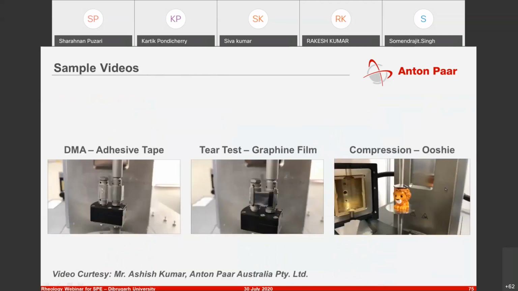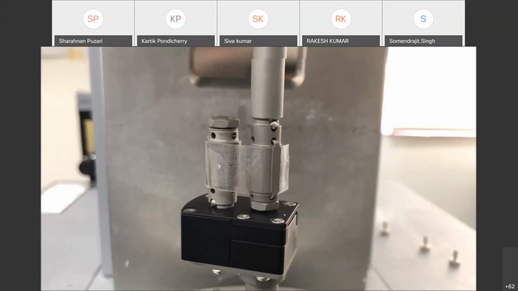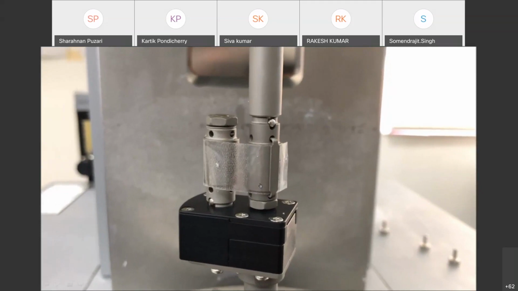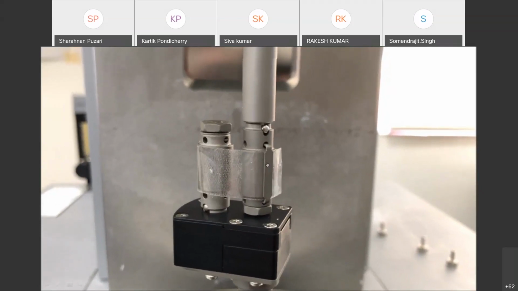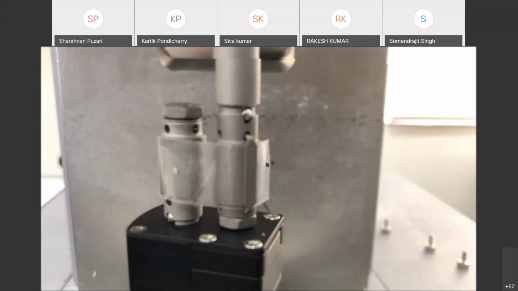So it's better if we actually have a direct look at it. Here you see, you can call it a sellotape, for example, that you are looking at the extensional behavior of, and that is being tested here.